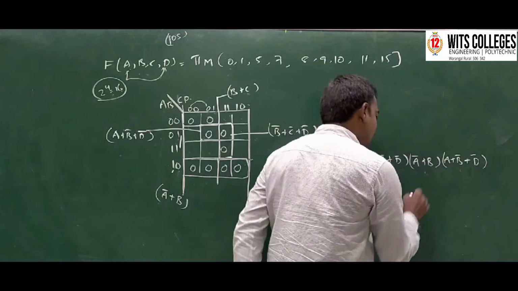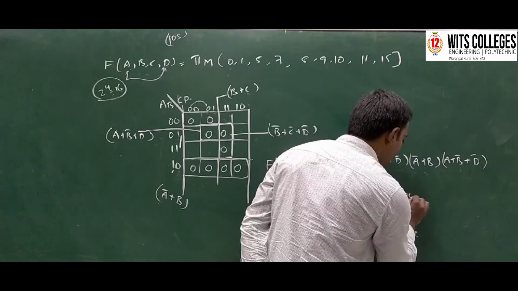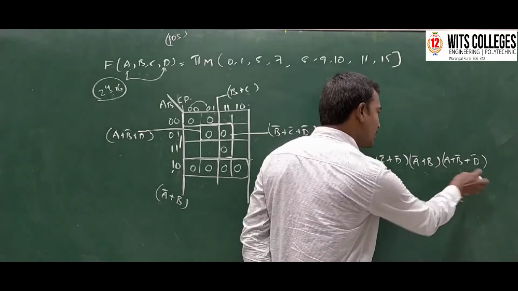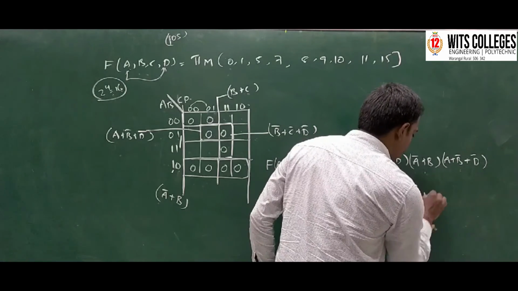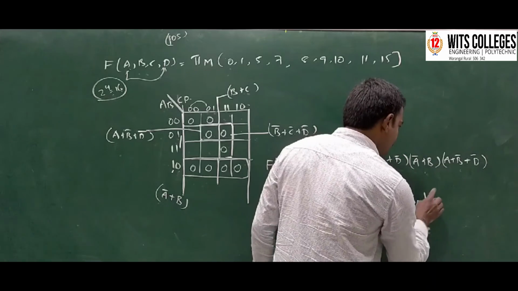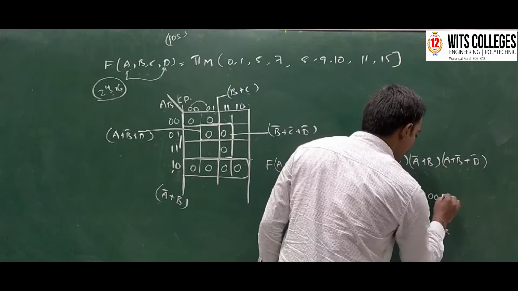For a bar plus b, a equal to 0, b equal to 1, c and d are not there, so we can take them as 0. Coming to the last term, a equal to 1, b bar is equal to 0, c is not there, 0, and d bar 0.